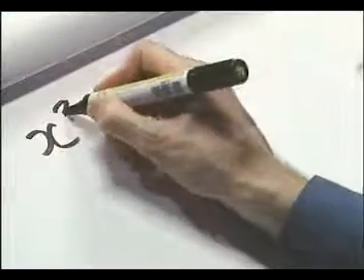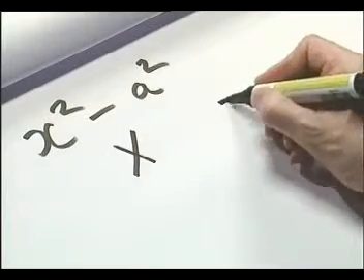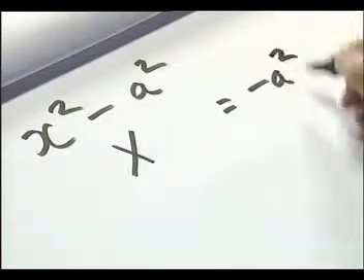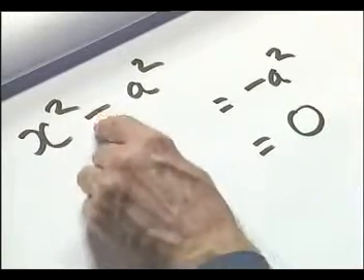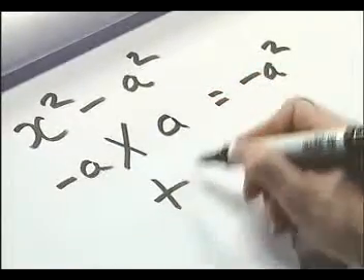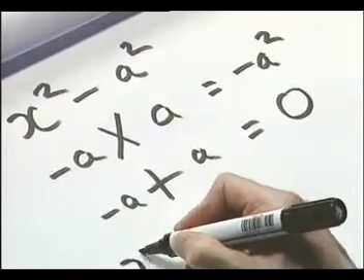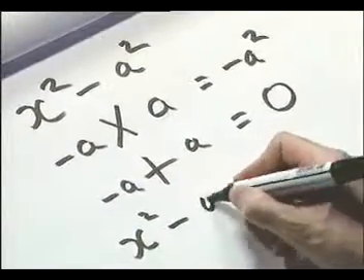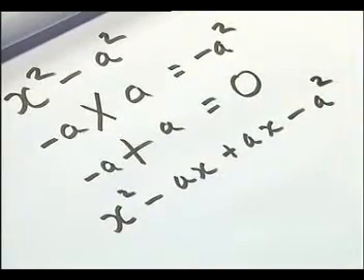So we have x squared minus a squared. We want to factorize it, so we're looking for two numbers that multiply together to give minus a squared and add together to give 0, because there are no x's. So minus a and a fit the bill. So we're going to have x squared minus ax plus ax minus a squared.